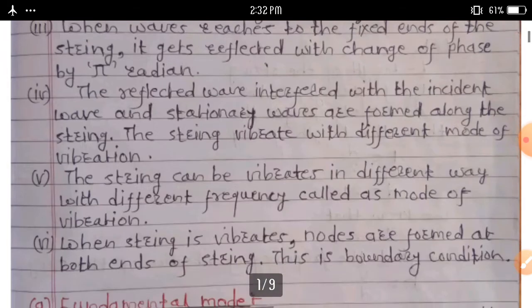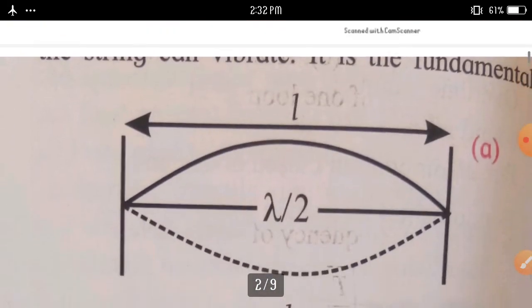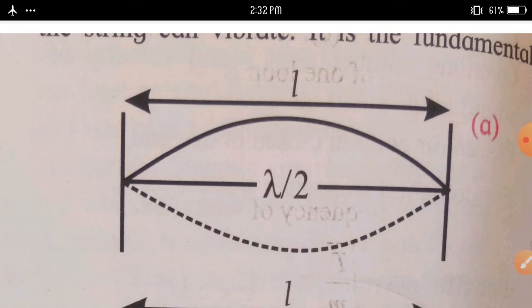Firstly, we can discuss what is the actual vibration produced in a string. See this diagram.